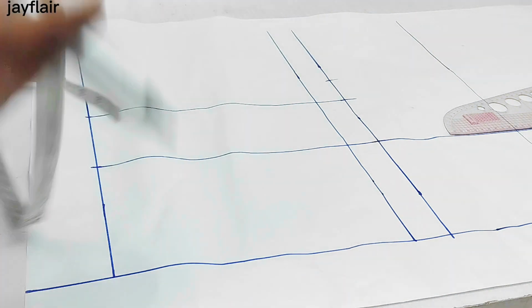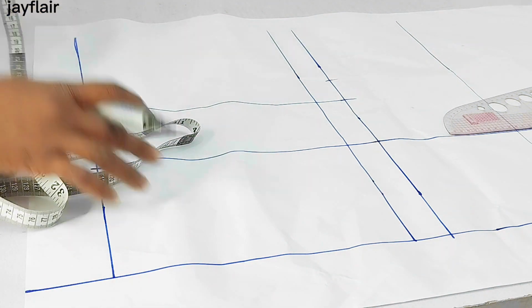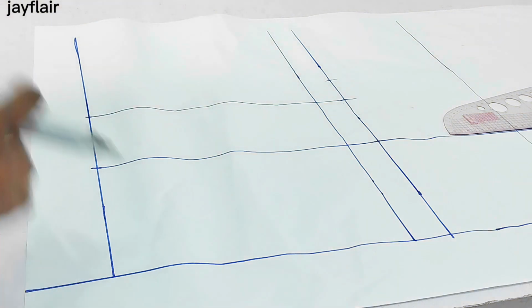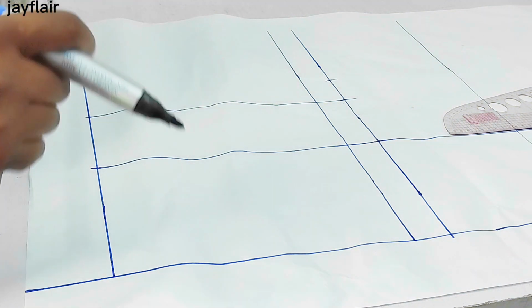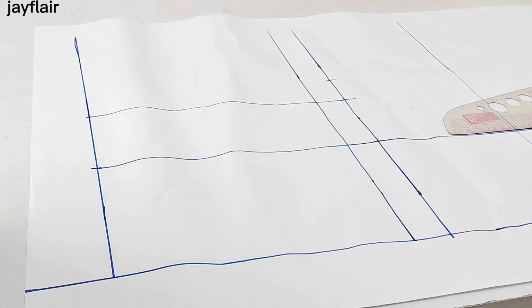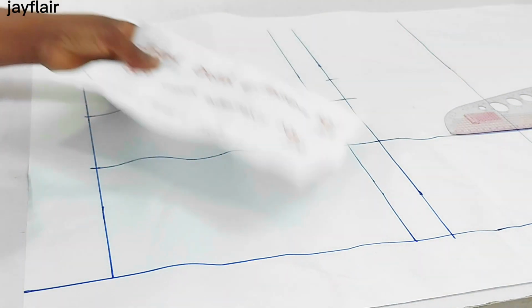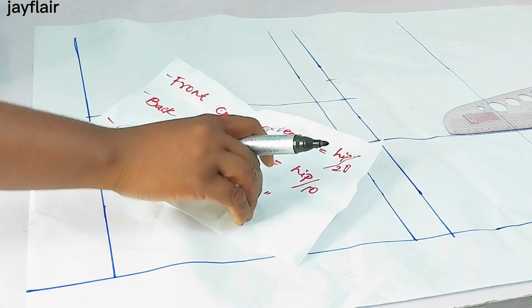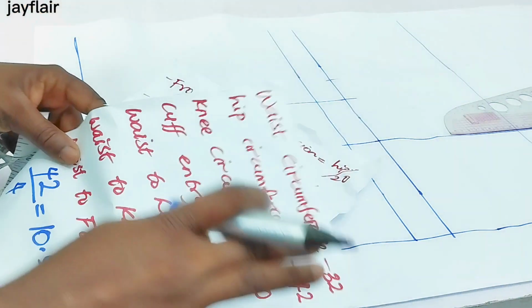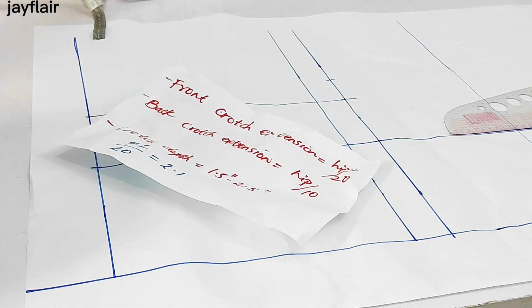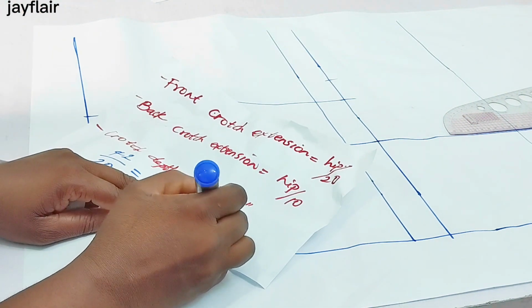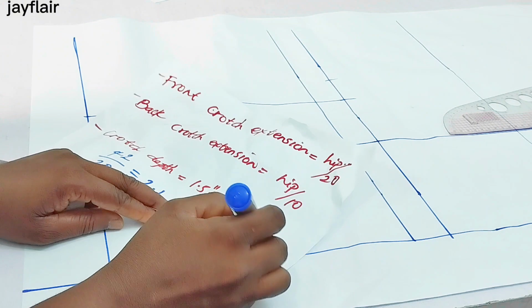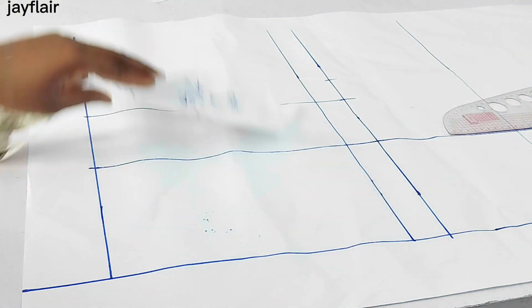Okay, so the next thing I'll do is to divide my waist circumference by 4, sorry. My waist circumference is 32. 32 divided by 4 is equal to 8 inches.